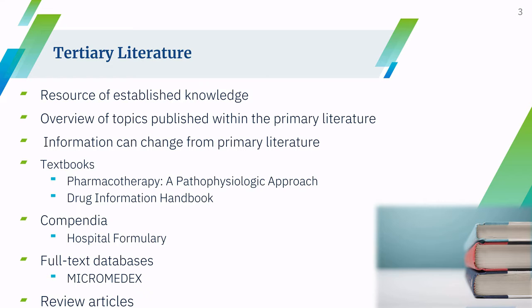Compendia are also examples of tertiary literature, for example, the American Hospital Formulary Service, and full-text databases, for example, Micromedex. Also considered tertiary sources are review articles that summarize a topic and may contain more current information than textbooks, for example, "Atopic Dermatitis: Update on Pathogenesis and Therapy."